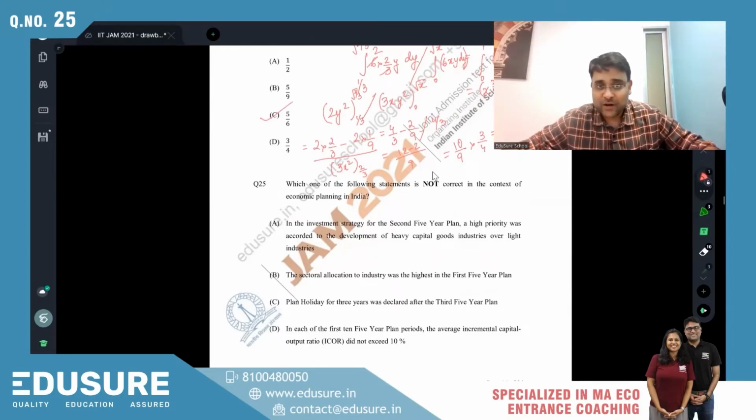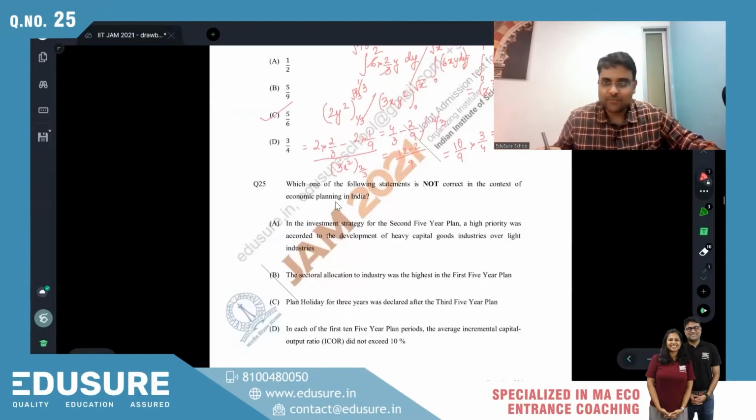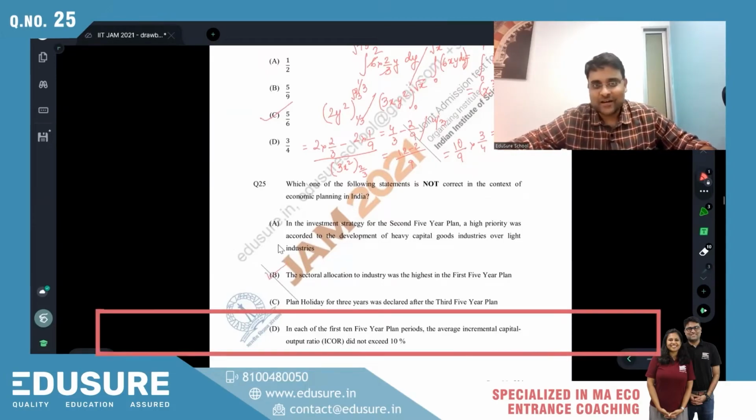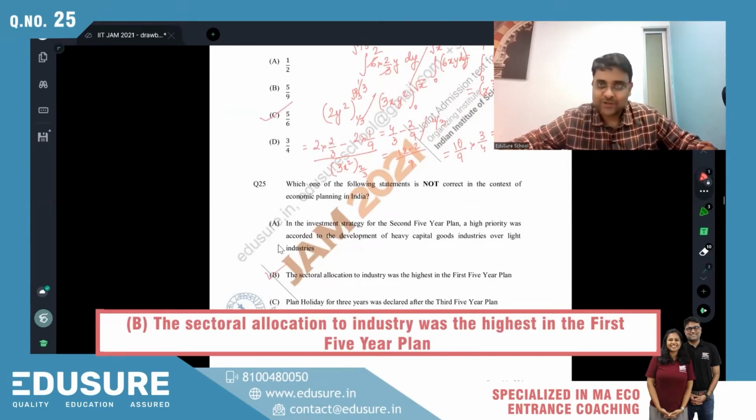So if I take a look at all these options, B is the answer that I'm looking at, because the sectoral allocation to industry was highest in the first 5-year plan is incorrect. It was agriculture for the first 5-year plan. Okay, so 25 is B.